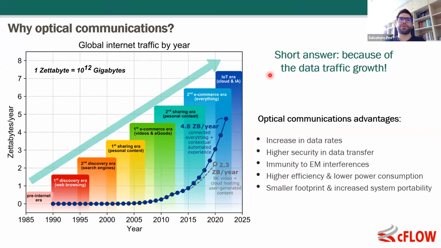So we need more data bandwidth, and that's why we use optical communication, because it has several advantages: increasing data rates, higher security in data transfer compared with other technologies, immunity to electromagnetic interference, higher efficiency and low power consumption, and also small footprint, so the portability of the system is increased and the costs are decreased.